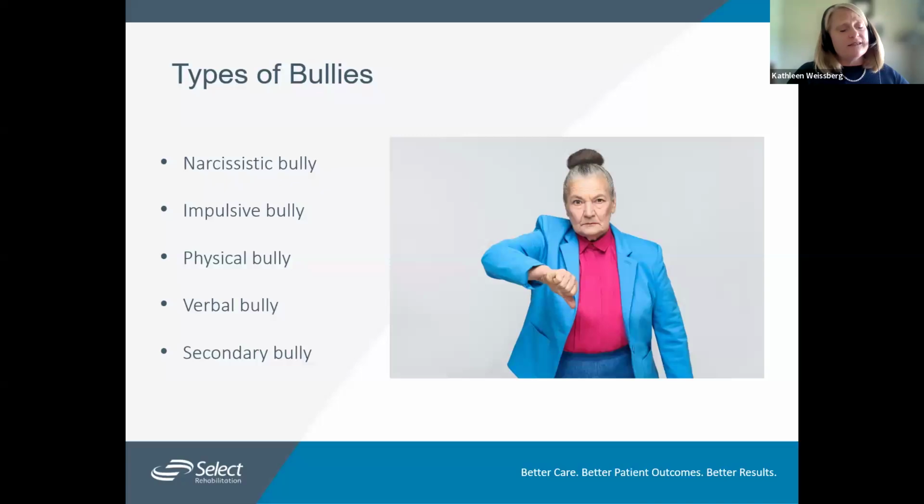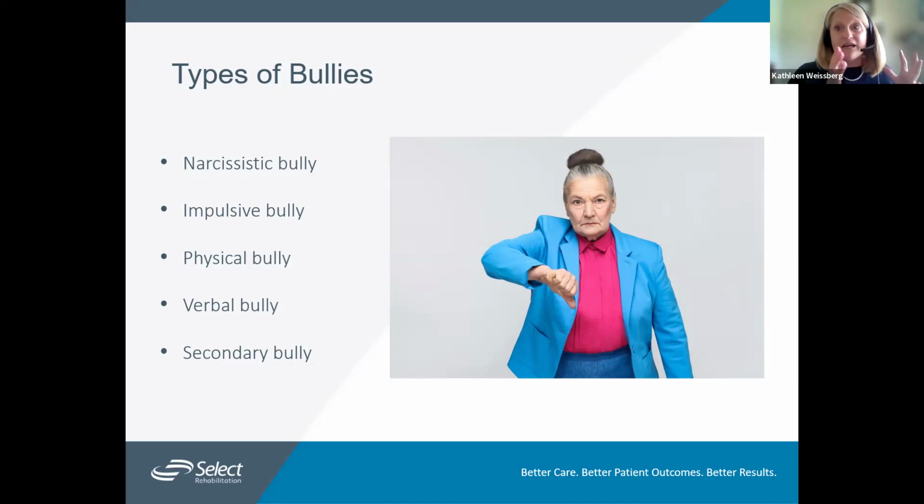So the types of bullies, and this will play out a little bit more when we get to some of our case examples. I see a few of you laughing at the funny pictures. That first person is a narcissistic bully. We don't always see this person, but this person plans their bullying. They know who they're targeting, why they're targeting them, when they're going to target them, how they're going to target.